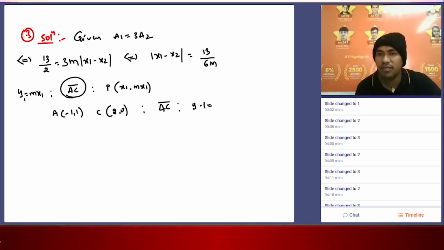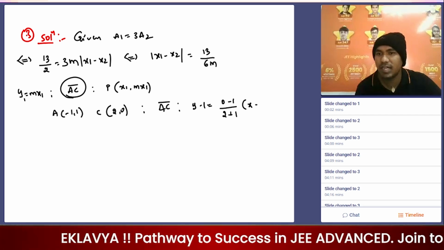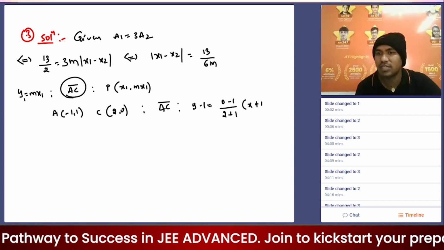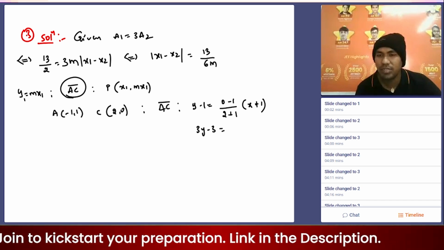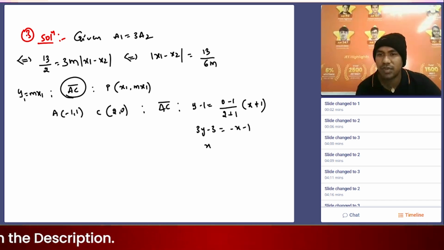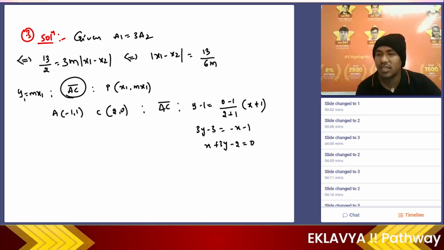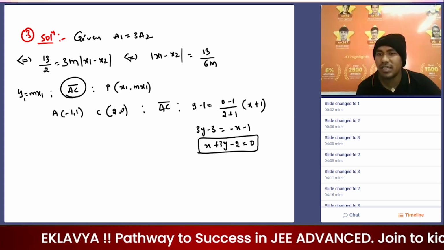Then y minus 1 is equal to (0 minus 1) upon (2 plus 1) times (x minus of minus 1), that will become plus 1. Now from here, 3y minus 3 is equal to minus x minus 1. So x plus 3y minus 3 plus 1, minus 2, equals 0. This is our equation of AC.